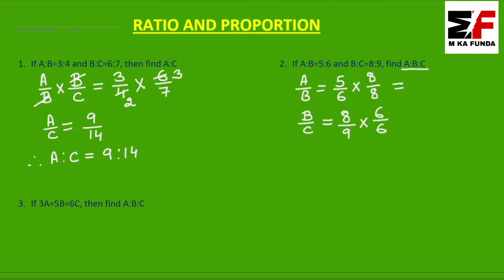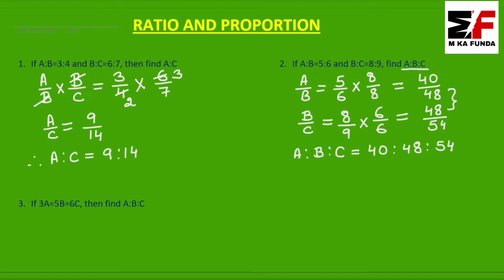Now put equal sign. Let us multiply. 5 8s are 40, 6 8s are 48. Here we get again 48 and below we get 54. Now you can see the value of B has become same over here, 48, 48. So we will write A is to B is to C is equal to 40 is to 48 is to 54.